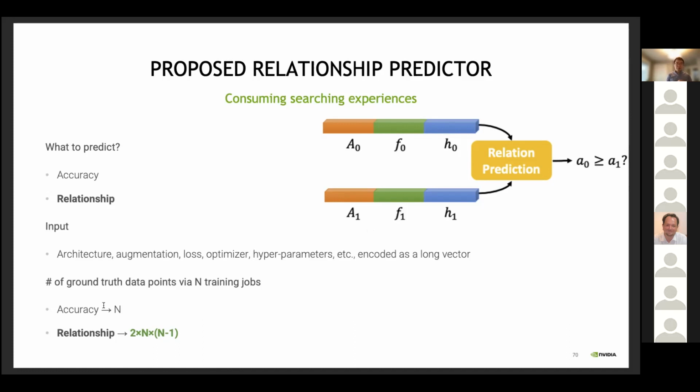But if we train the relationship, the comparison predictor, we actually have much more ground truth, of a higher order. This means the relationship predictor will be more robust given the limited ground truth data points.